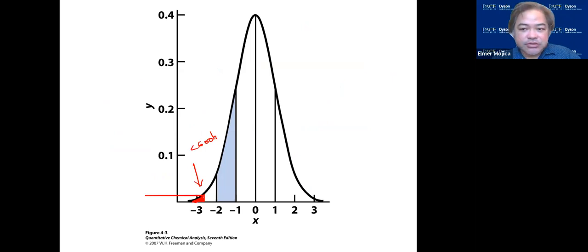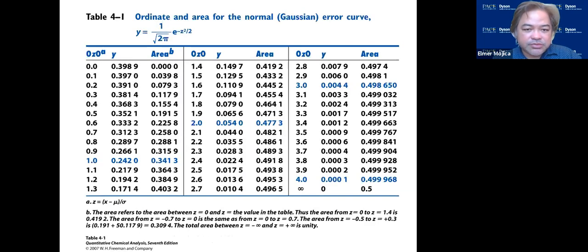So to answer the question that you have there, you will be using a table like this. So all you need to do is whatever the value that you have, whether it's positive or negative, it's the same. So it represents here.